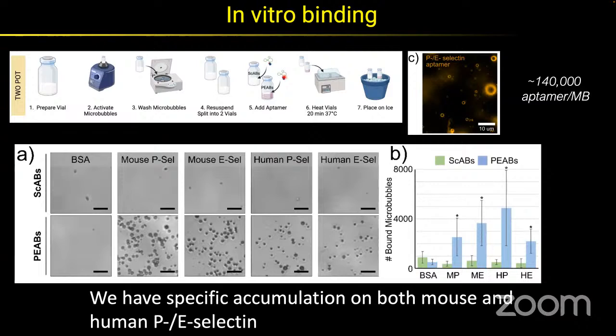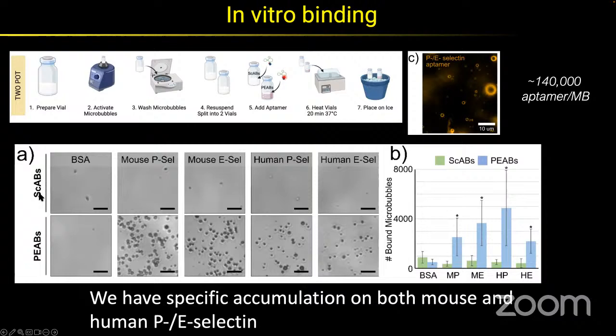And what we did here is we first tested it in vitro. So we coated plates in recombinant mouse and human P and E selectin. And look how many of these bubbles stick. What you can see here on these micrographs is that we were able to get lots of microbubbles sticking to mouse and human P and E selectin.